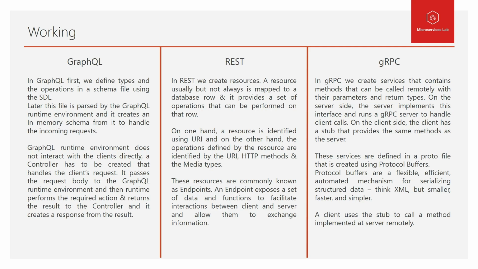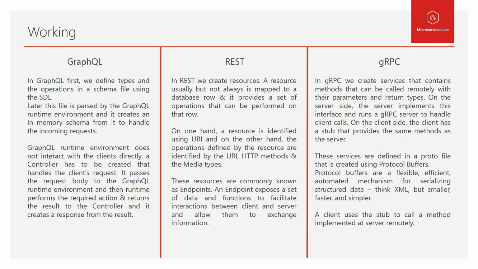This gRPC server listens to the client's requests and performs the operations according to that request. So a client basically uses a stub. A stub is a fake object that contains the same methods that were implemented at the server side. So whenever a client invokes any function on the stub, it will actually be invoked at the server side.